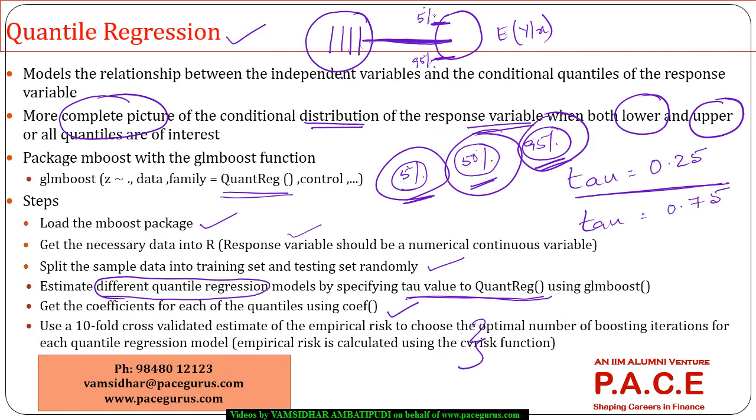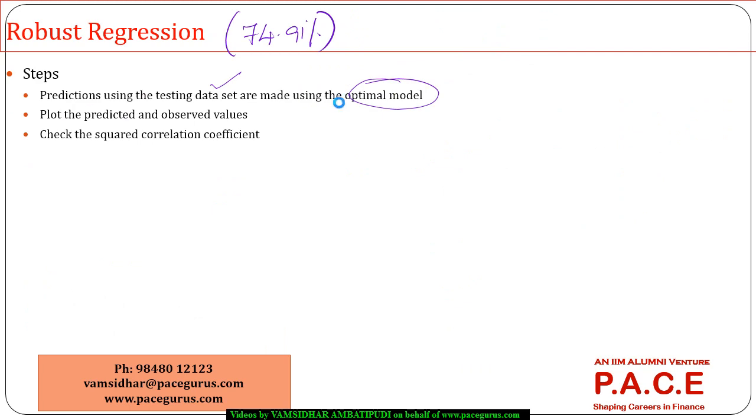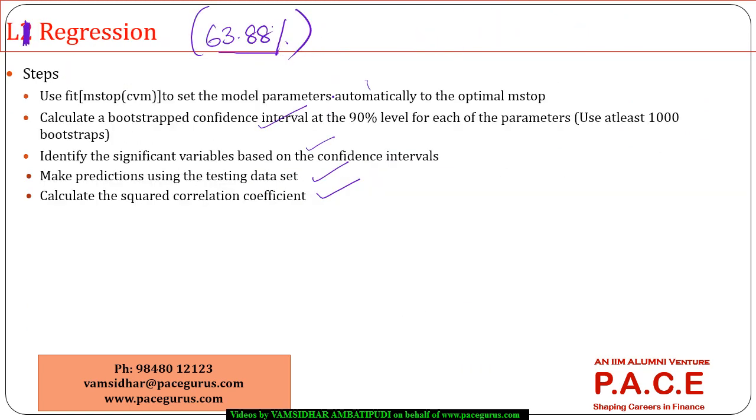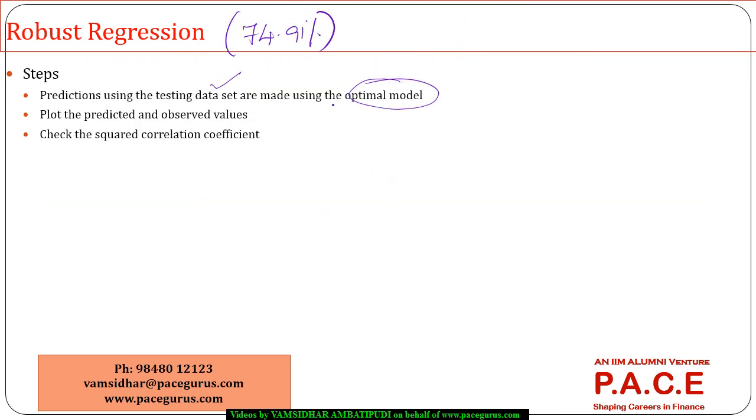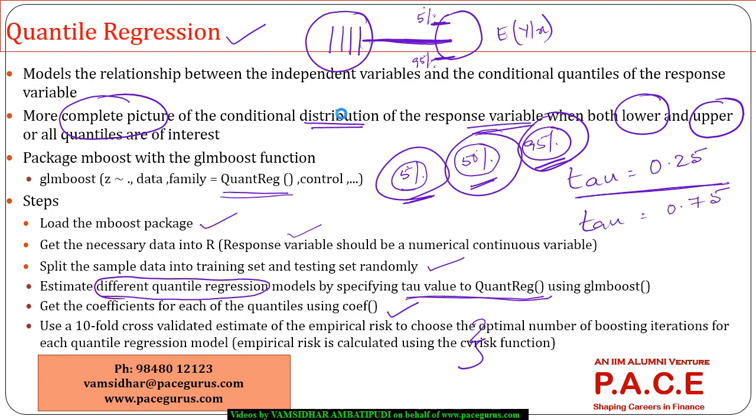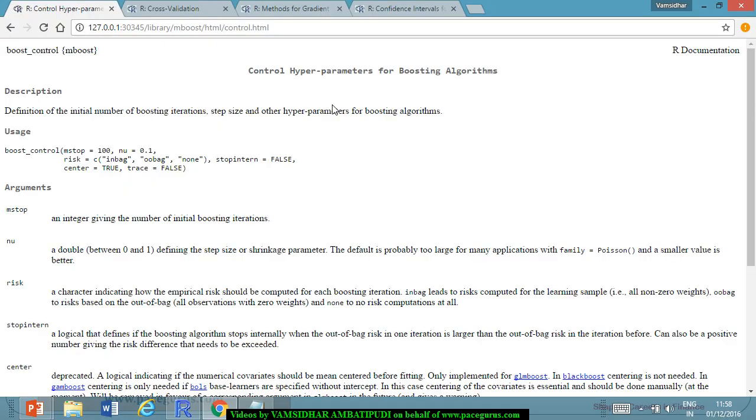Among the earlier models, the robust was at 74, L1 regression was again at 63.88 and L2 regression is at 78.32. So these are the different kinds of estimates that have come out using the different models that we have used, with boosting as an alternative here.